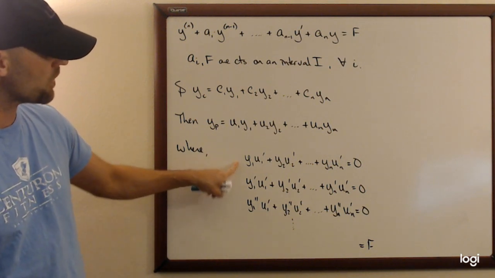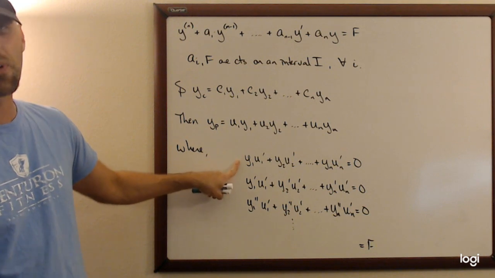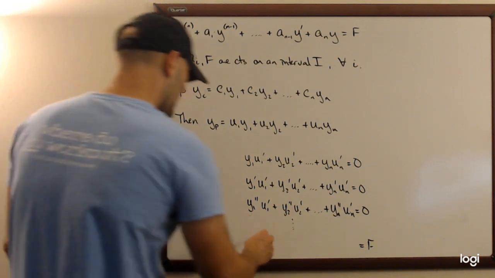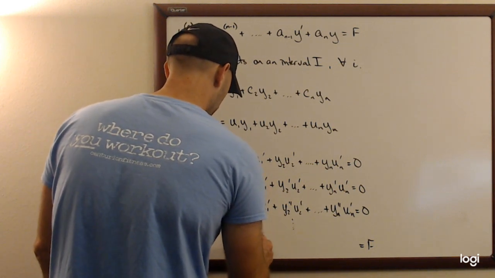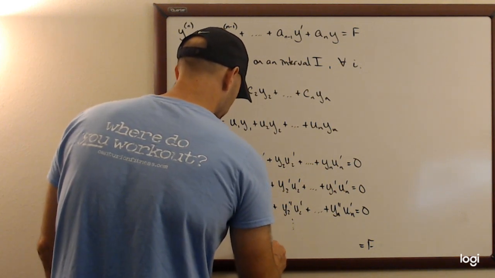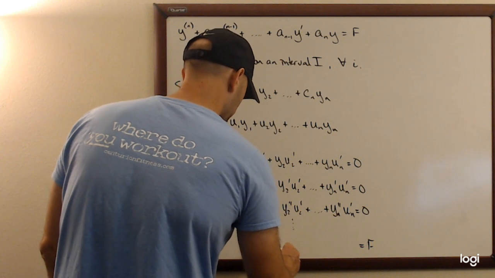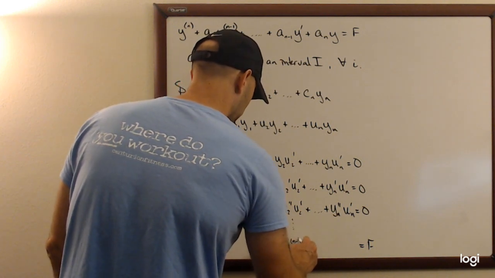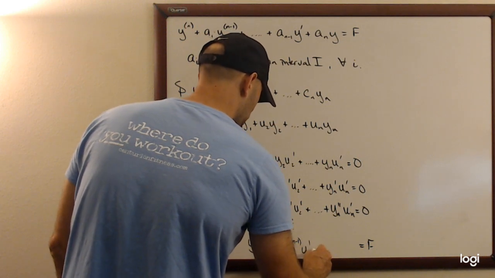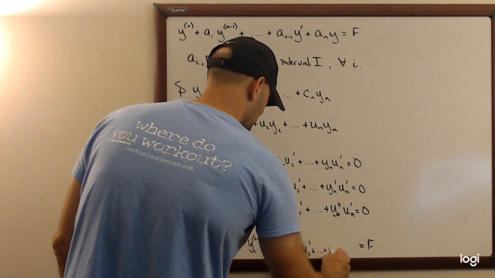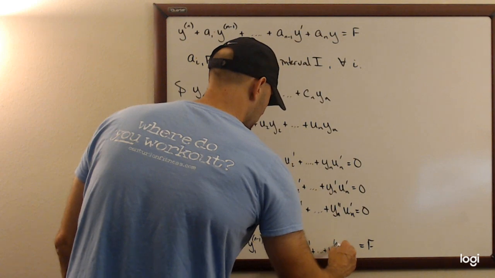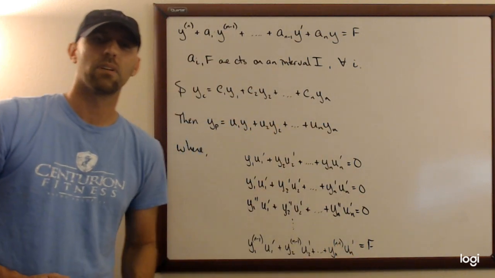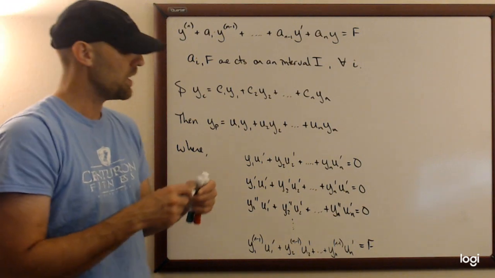The first one starts with 0 derivatives, which means the nth equation will have n minus 1 derivatives. So this will be y1 n minus first derivative u1 prime plus y2 n minus first derivative u2 prime plus yn n minus first derivative un prime, and that one equals f. So all of them equal 0 until the very last one equals f.